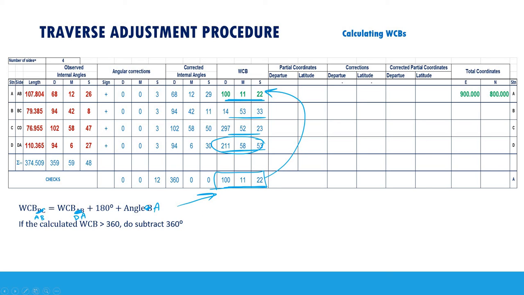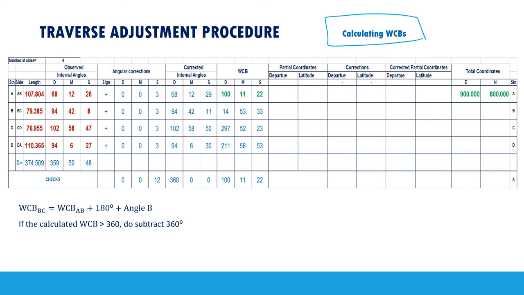This is as a double check for your work, if you like. So by doing that, we have calculated the whole circle bearings for all the four sides, and we are going now to move to the next stage, which is calculating the departures and latitudes.